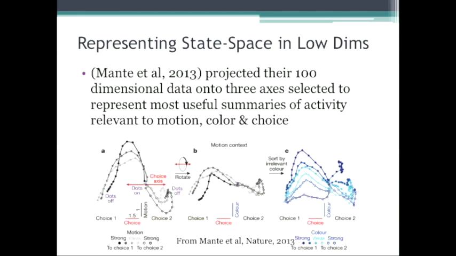What they were able to show is that most of the interesting variation relevant to the choice the animal's making, or how he's perceiving the stimulus, can be represented in 3 dimensions, and it turns out that you can represent almost everything you want in about 7 dimensions. That's much less than the 200 variables they had to start with.